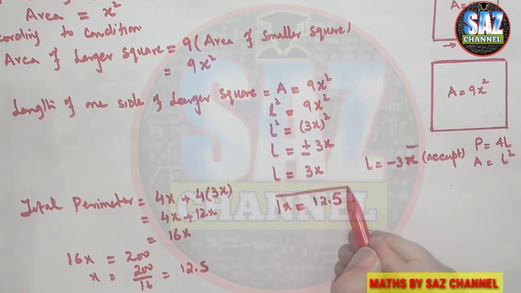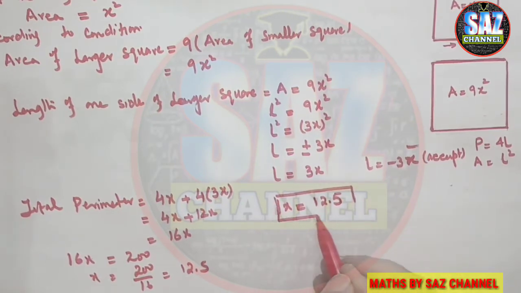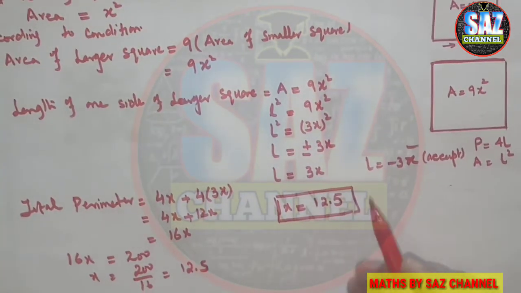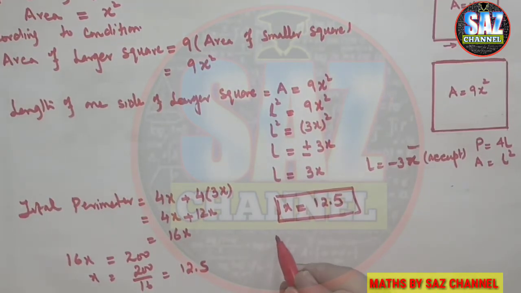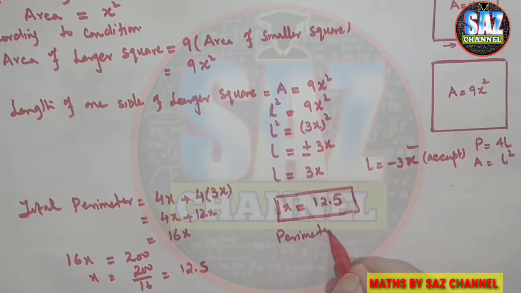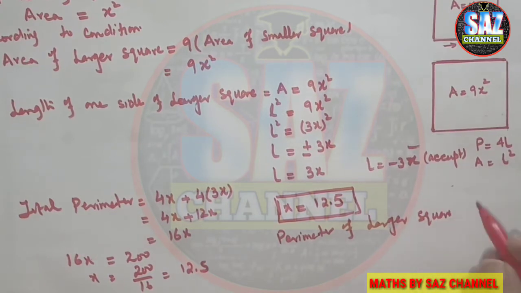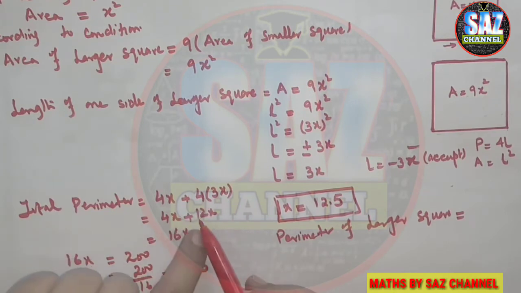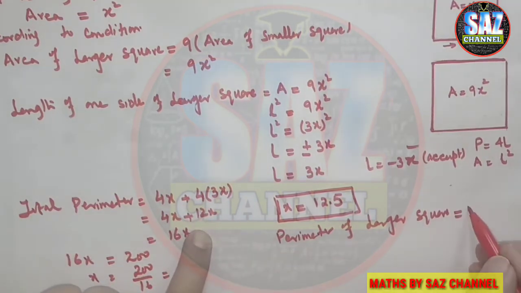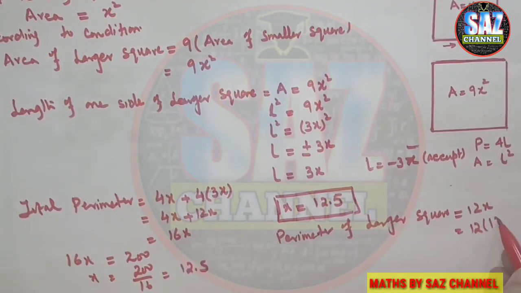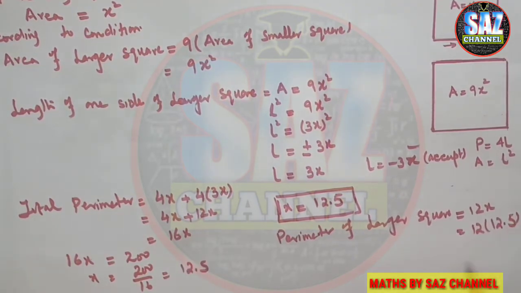Now the question says find the perimeter of larger square. We know that the total wire used for making larger square is 12x. So instead of x, I will be replacing 12.5, that is the length.